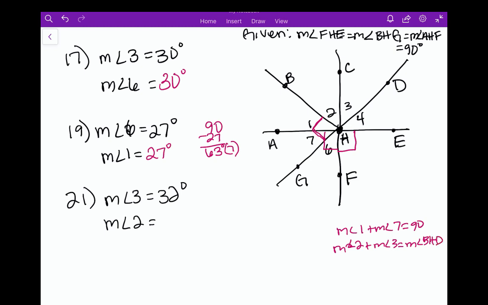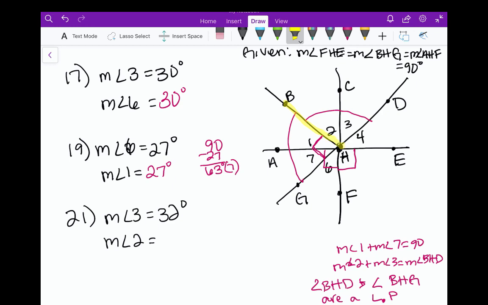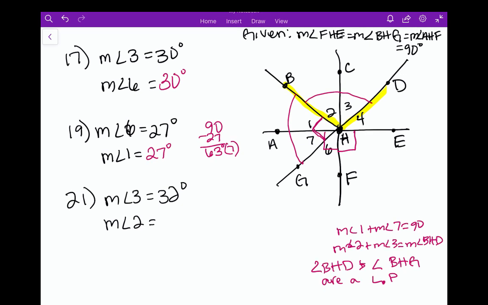And what I know about angle BHD and angle BHG is that they are a linear pair. So if this angle is a linear pair with this angle, then BHD must also be 90, because its supplement on the other side of the linear pair is 90. So if 3 is 32, then 2 is going to be 90 minus 32, which is 58 degrees.